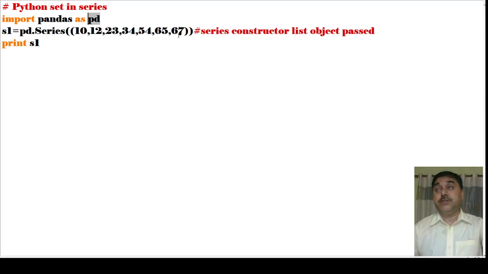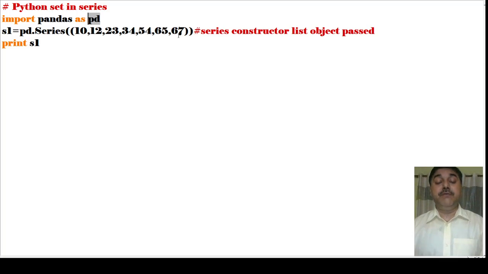In the Series constructor, when you write a program, you are going to pass objects. You are going to pass an object to this Series constructor, and then we are printing it. Print what? S1. So print S1.